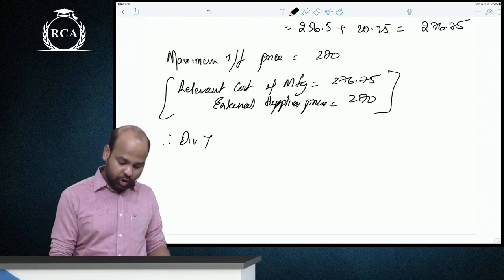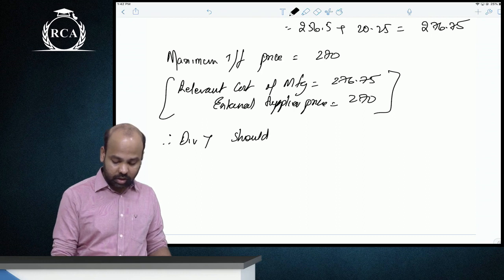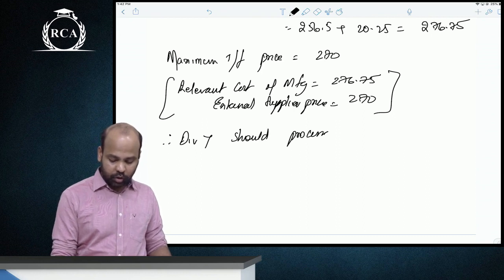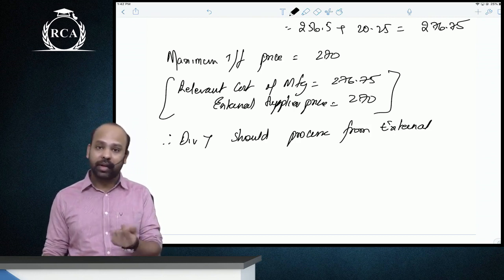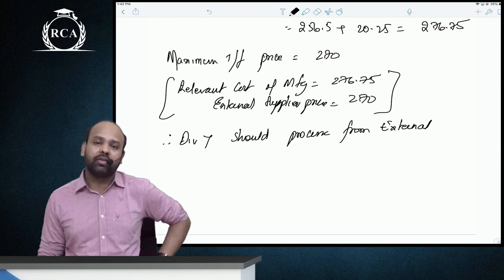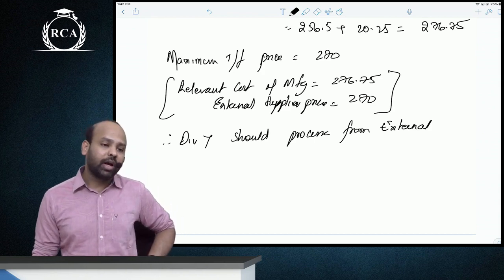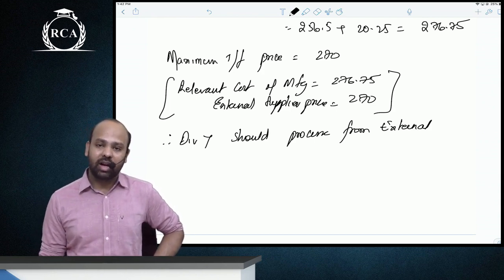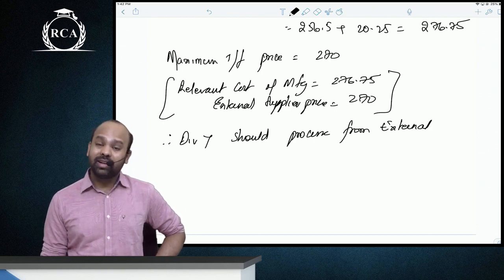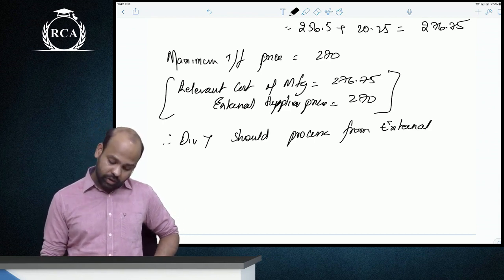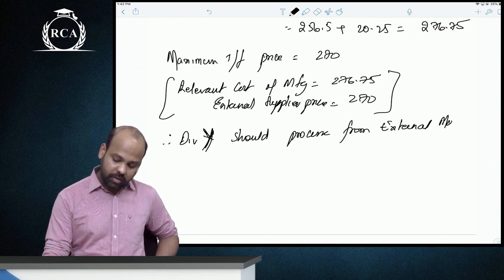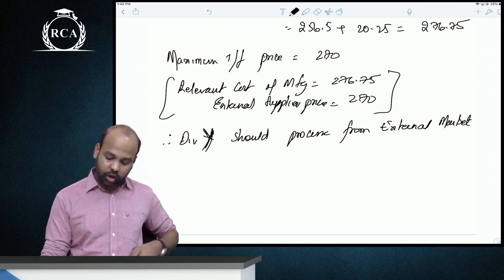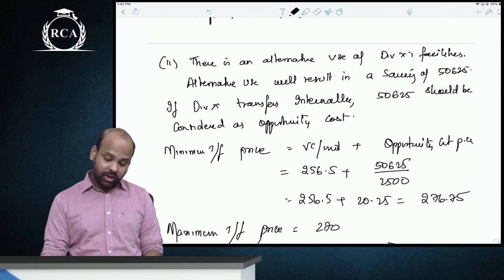Division Y should procure from external market. I already gave you this conclusion: if your minimum transfer price is more than maximum transfer price, there will not be any internal transfers at all. So here you will write: division Y should procure from external market. That is the answer to the second bit.